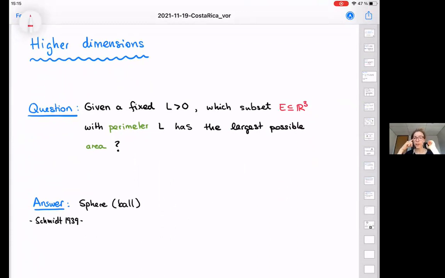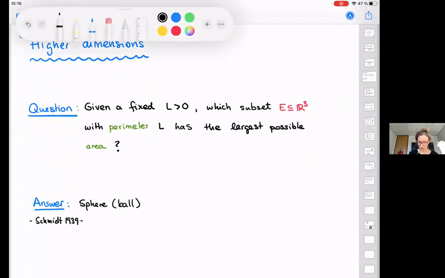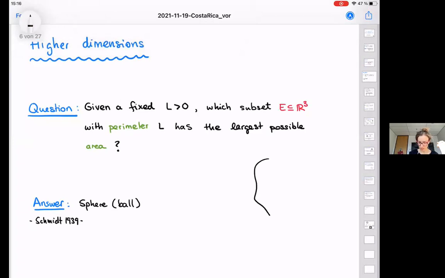Now, if we are in R3, I'm going to try to draw something in R3. So in R3, we don't really talk about the perimeter of a set. What do we talk about?